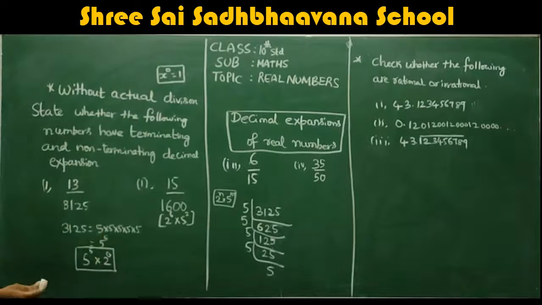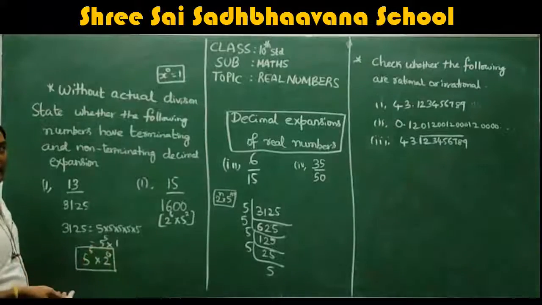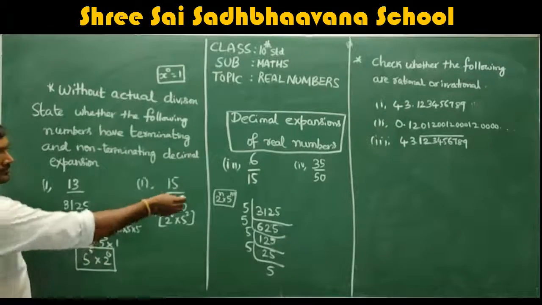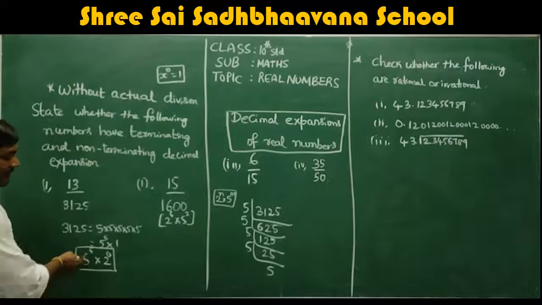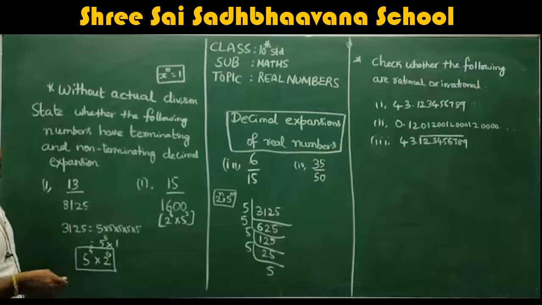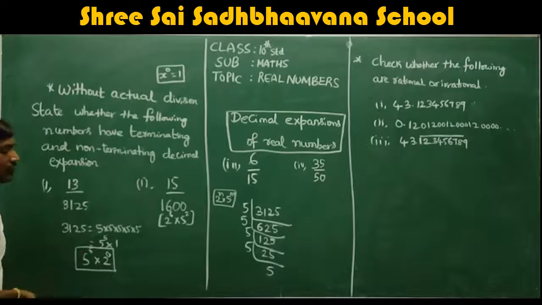So 5 power 5 can be written as 5 power 5 into 1, and this 1 can be 2 power 0, but we need to express it in terms of 5 power m into 2 power n. That's the reason I am writing it as 5 power 5 into 2 power 0. It is not wrong because 1 can be written as anything power 0. We need it in the form of 2 power n, that's why 2 power 0.